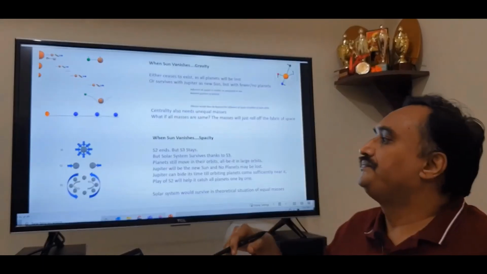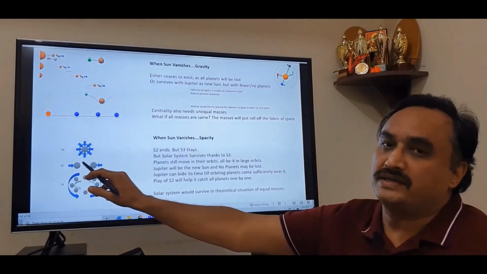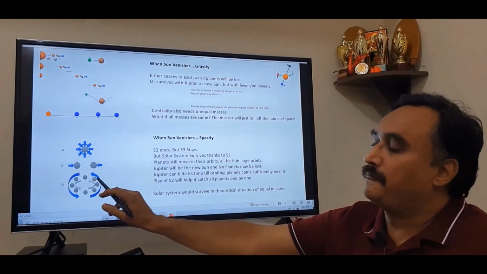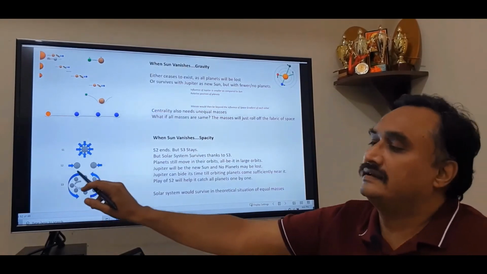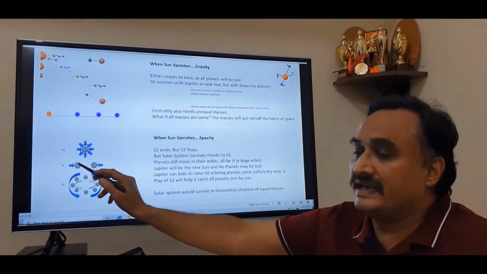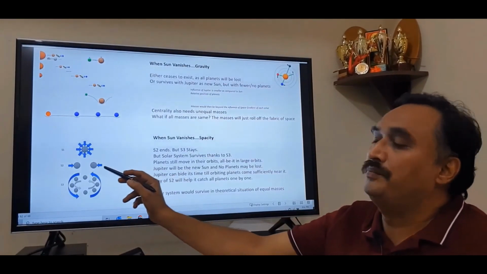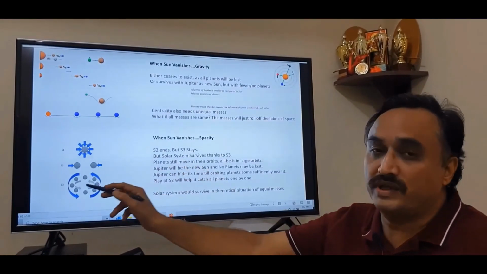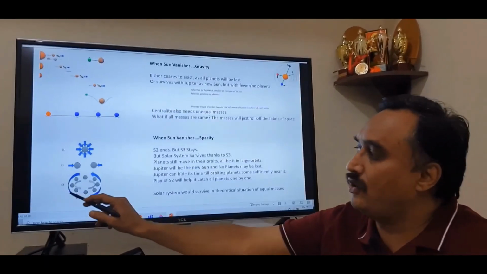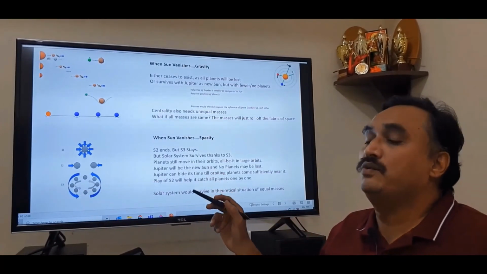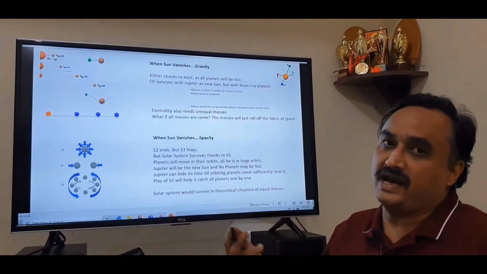The sun vanishes, S2 vanishes, but S3 is still there. But since S2 is the principal force, obviously the planets, though they are orbiting in their respective orbits because of S3, would be orbiting at large diameters.